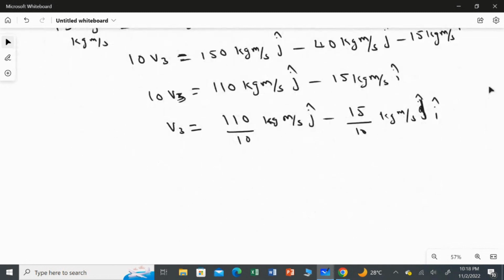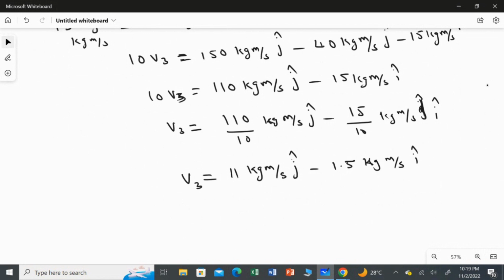So if you divide this 110 by 10, it is exactly 11 kilogram meter per second j cap. This one is exactly 1.5 kilogram meter per second I cap. On the left hand side we have V3.